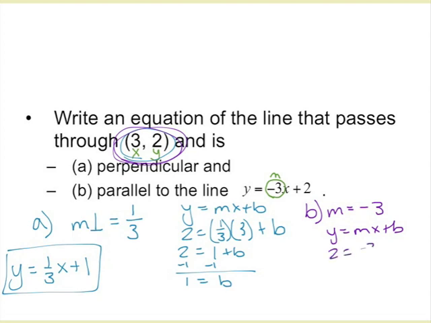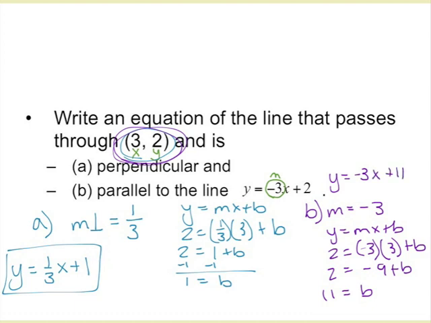Our m is -3. Our x is 3. We solve for b. Multiplying gives -9. Add that to both sides gives 11. So then we write our equation, y equals the slope we used and the b we found.